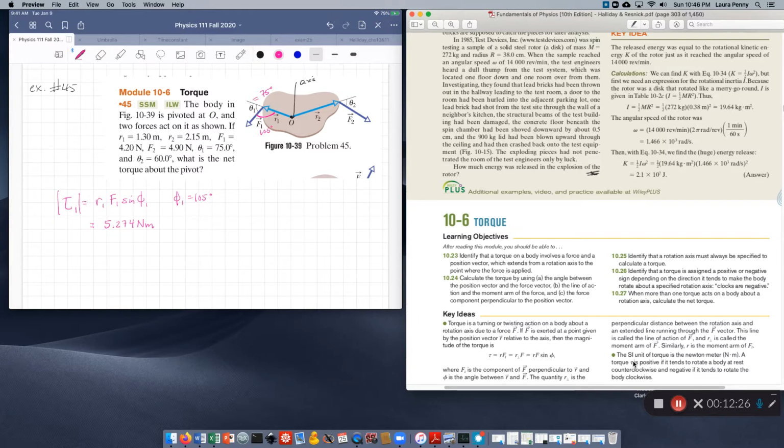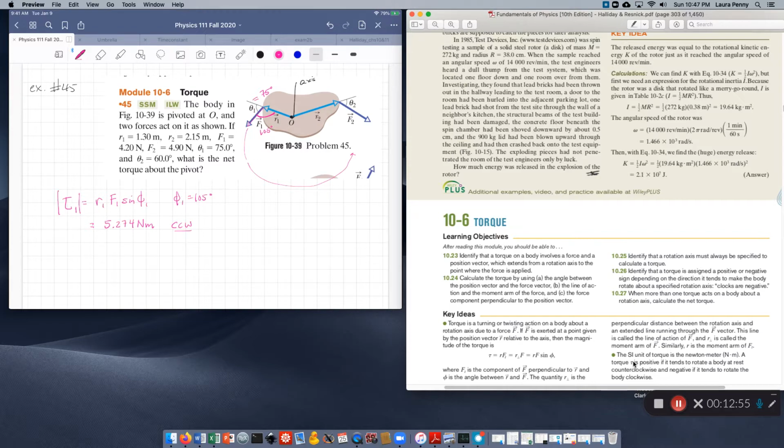Now, this force on its own, if there wasn't an F2 over here, is pulling this way, and so this would tend to make this object move like this, which is counterclockwise. So this is a counterclockwise torque.